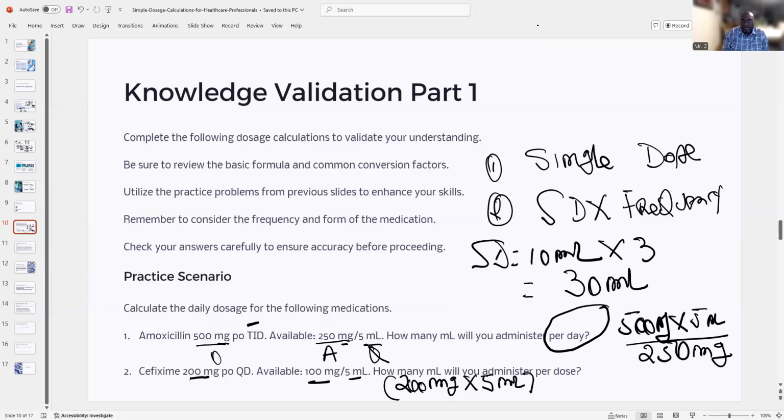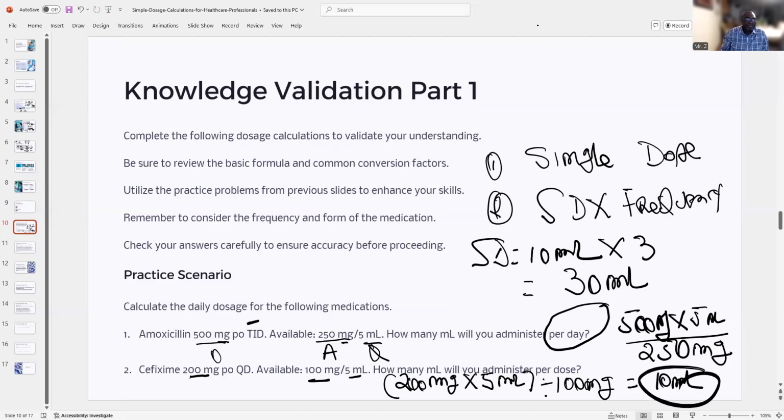And whatever answer you get, you have to divide that by available, which is 100 milligram. So 200 multiplied by 5, divided by 100. You have 10 milliliter. All right, good job.